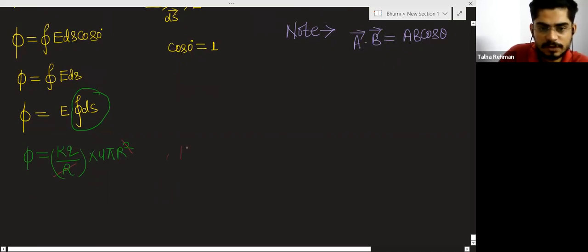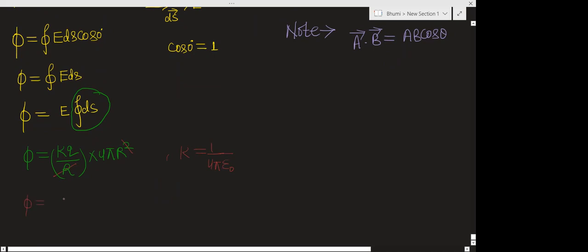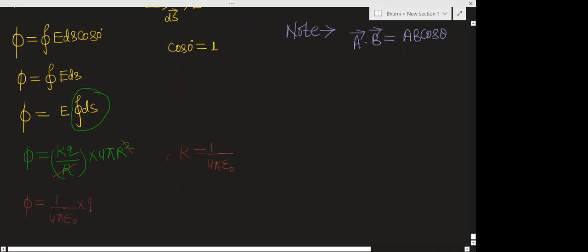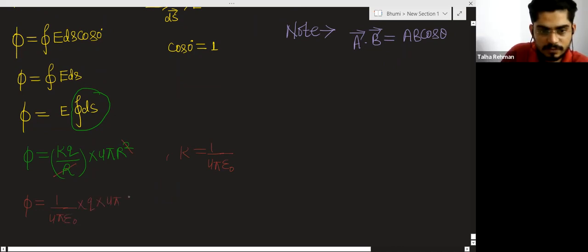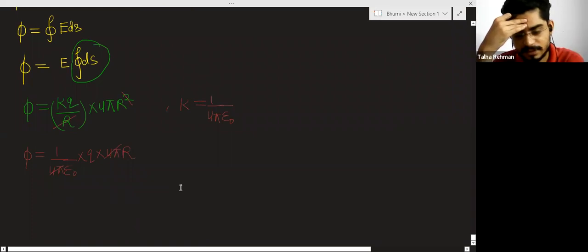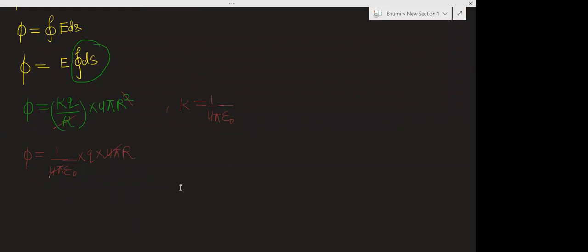And the value of k is also known, 1 upon 4 pi epsilon naught. So you can put the value of k here, and the 4 pi will get cancelled. So you will have qr by epsilon naught.